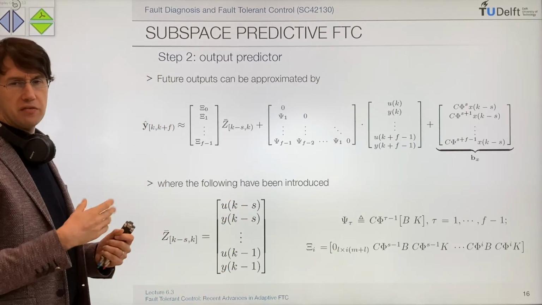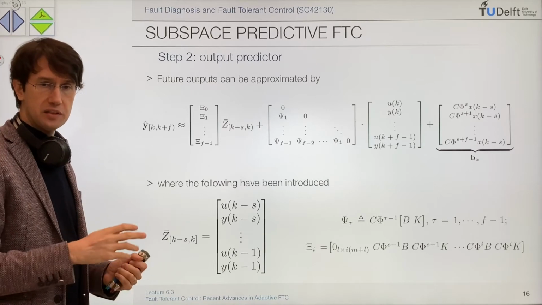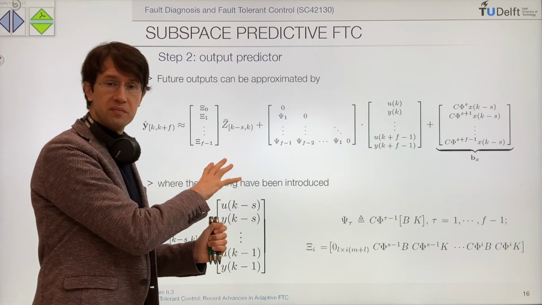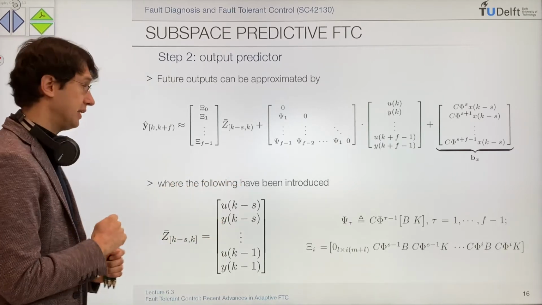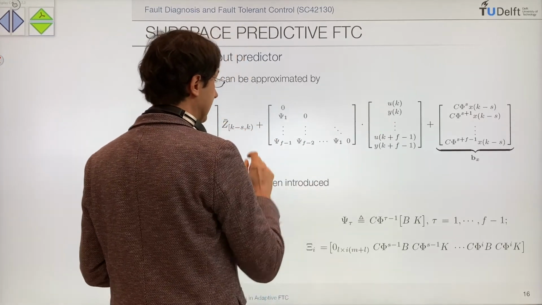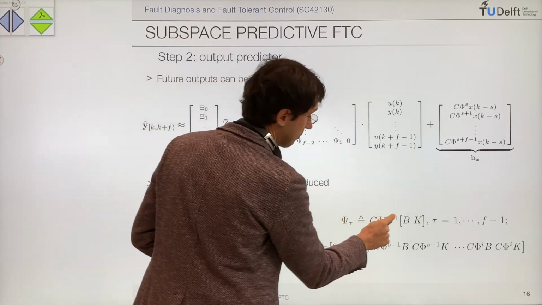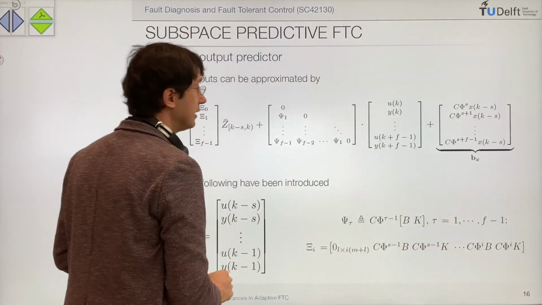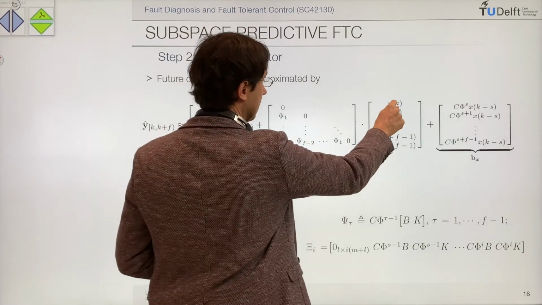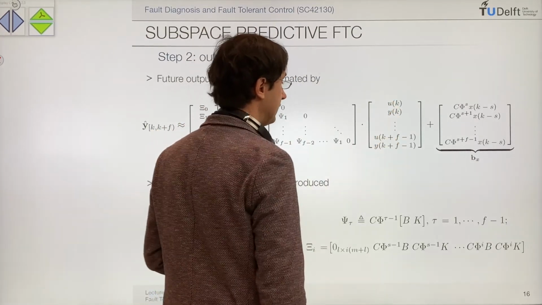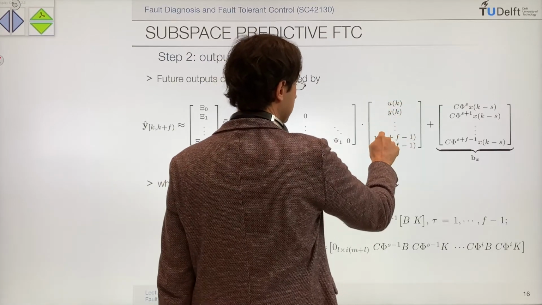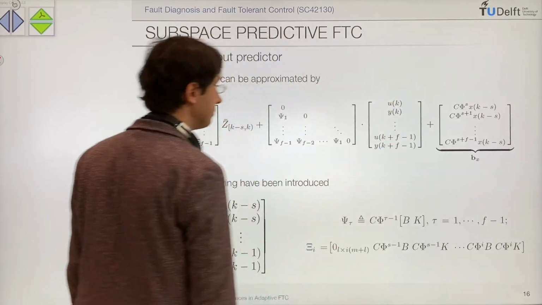We are also using a different time index, k instead of t, to make it easier to understand that the prediction is another step with respect to the identification. And here you have this big matrix that again has terms based on the Markov parameters we identified, multiplying these data that we have here, u and y from time index k to k plus f minus 1.